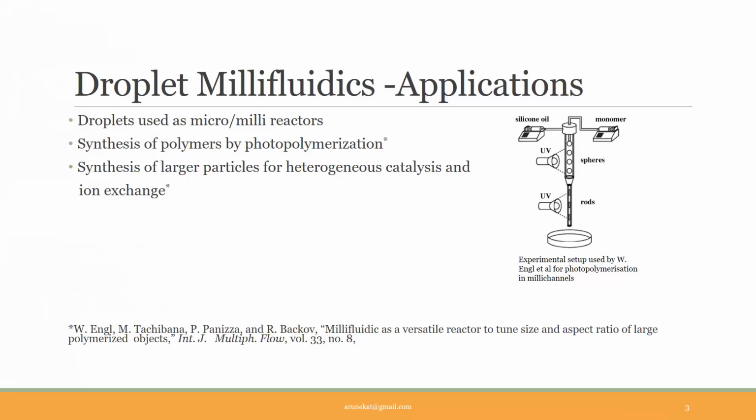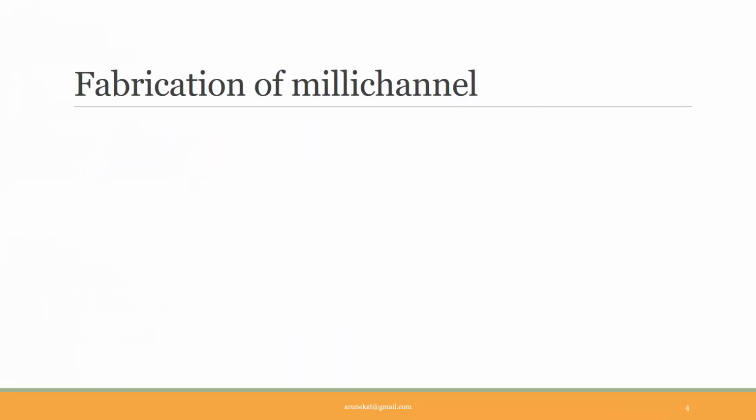Certain monomers have been photopolymerized in millichannels to make uniform size polymer particles. This figure shows an experimental setup where certain monomers are photopolymerized inside a millifluidic channel. The fixed bed reactors and ion exchange columns require particles of the order of a millimeter. These can be synthesized in a millifluidic channel by suitable method.